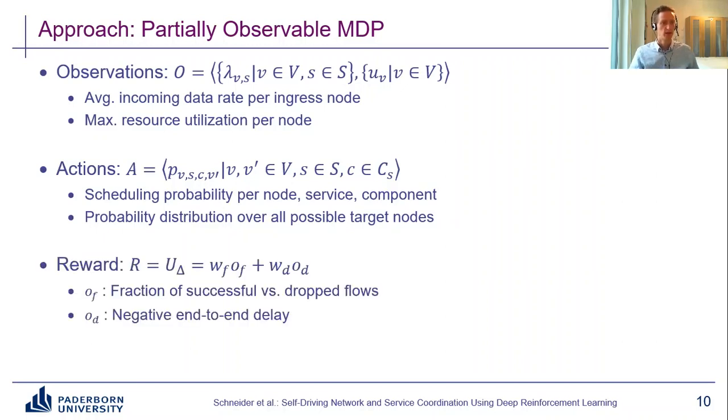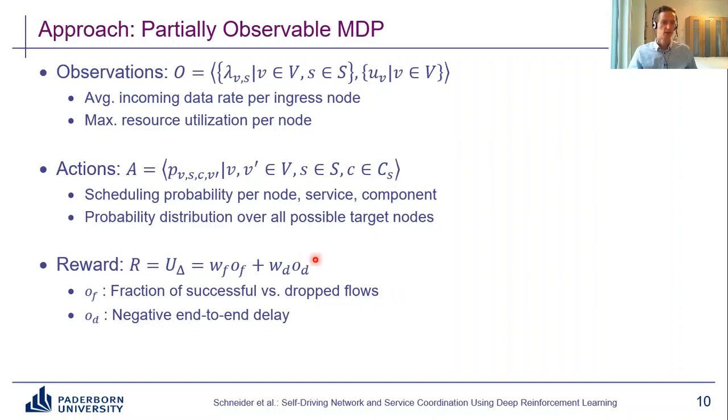And then finally, we also define the reward as a generic utility function that could be any weighted sum of objectives. In our case, we decided to optimize two objectives. First, the fraction of successful versus dropped flows. So we want a lot of successful flows and as few as possible dropped flows.